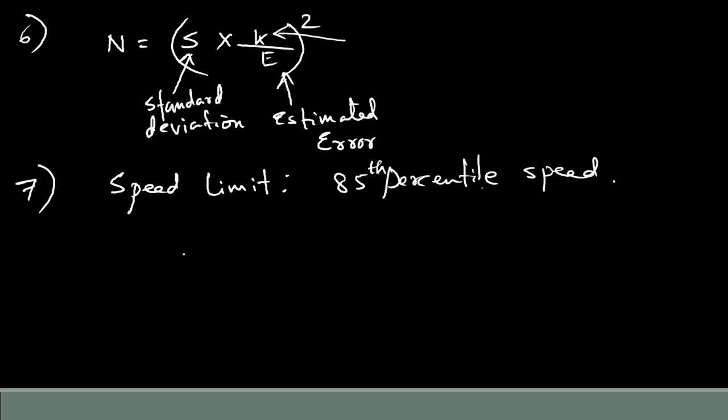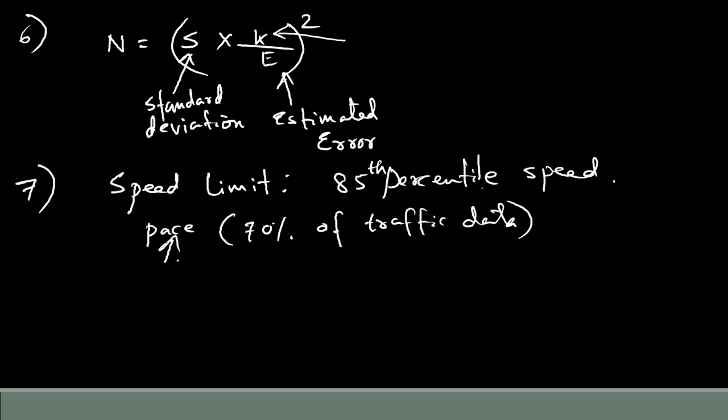And along with the 85th percentile speed, there is a concept called pace, where about 70% of traffic data will fall under it. This pace is around a 10 miles per hour range. What is pace? I will show you a little bit here.